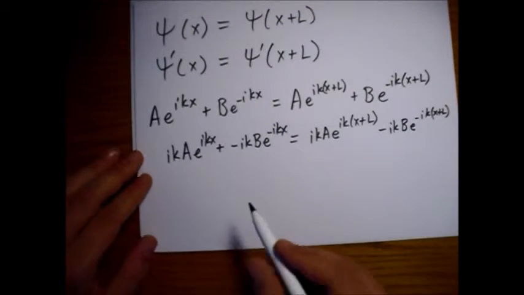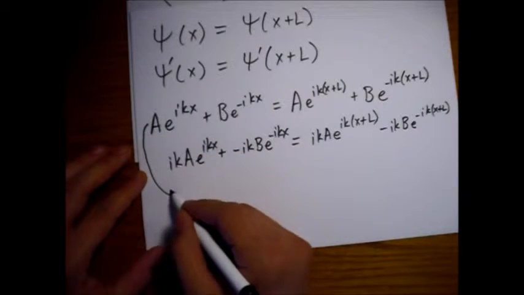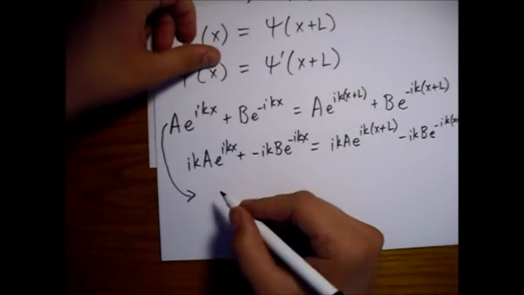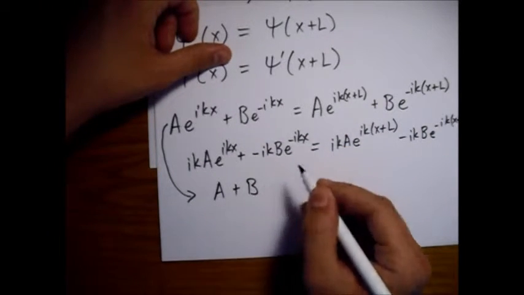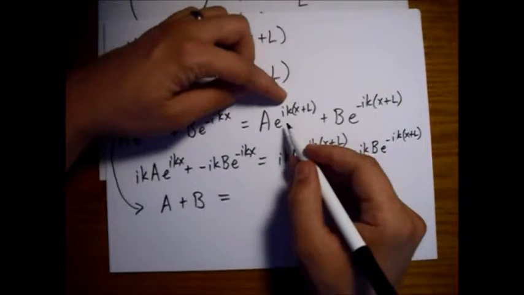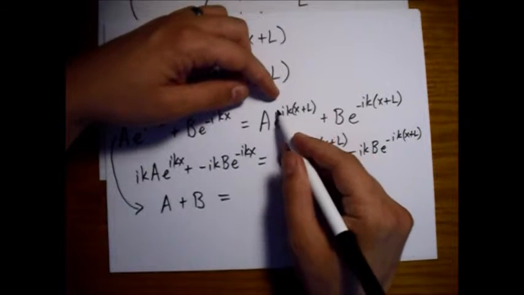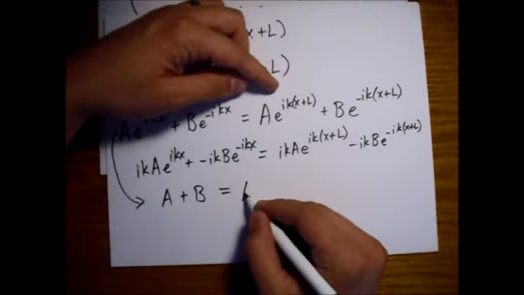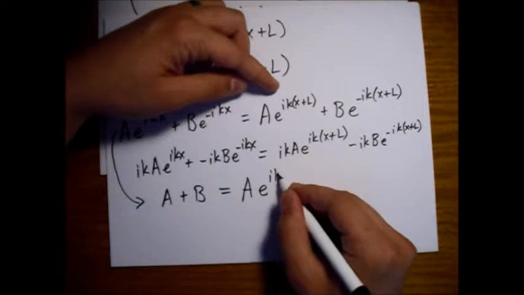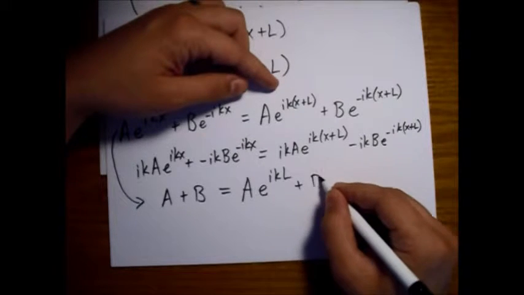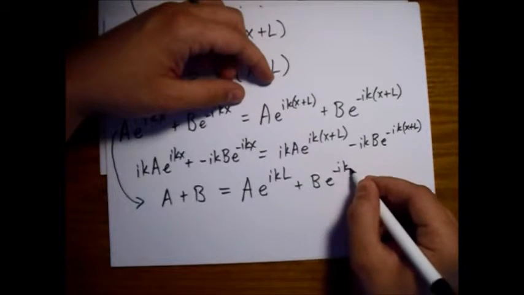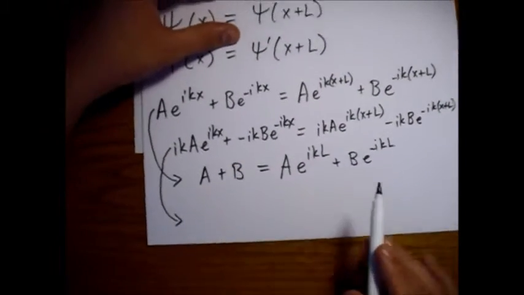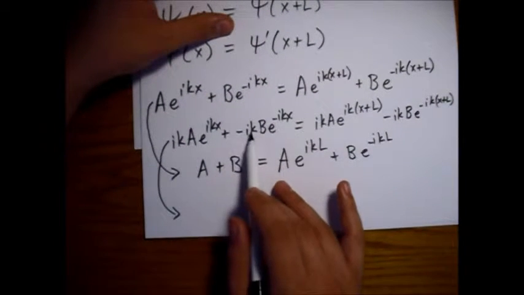All right, so this one will come down here. Setting x equal to 0, the exponentials will go to 1, so we get a plus b equals, and splitting this into two exponentials, it's going to go to 1 again for this other term. So we just get a e to the i k L plus b e to the minus i k L. Now looking at our second boundary condition, one thing we can do right away is divide by i k.